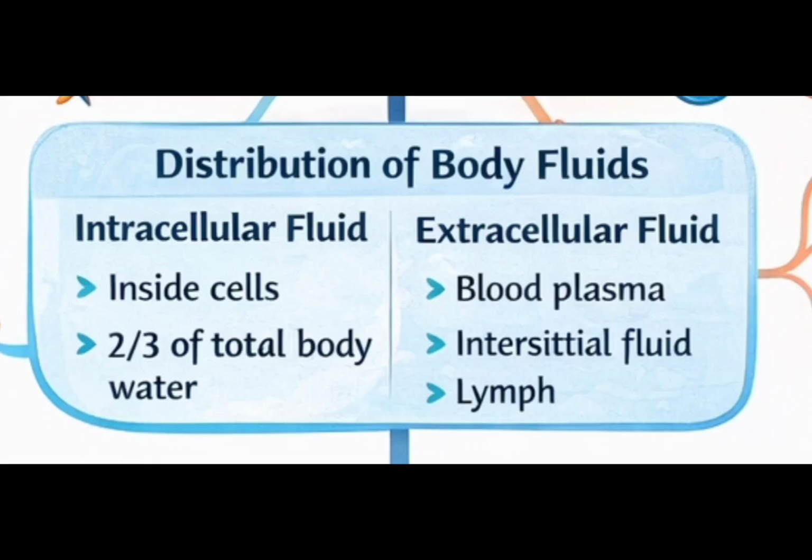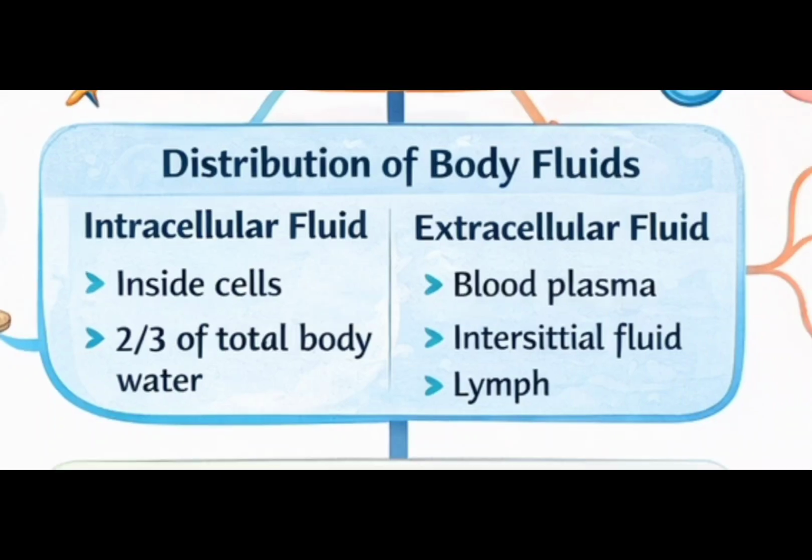These are divided into two types: one is the intracellular fluid and the second one is the extracellular fluid, that means ICF and ECF. Intracellular fluid, as the name suggests, is the fluid present inside the cells, about 2/3 of the total body water. Extracellular fluid is present outside of the cells, and it includes the blood plasma, lymph, and the interstitial fluid.